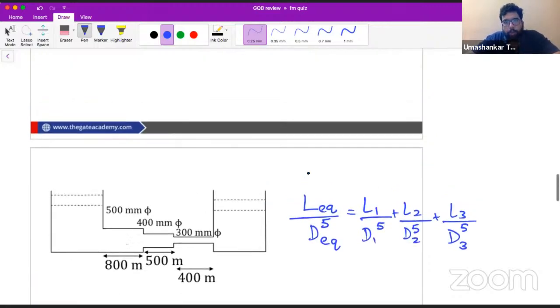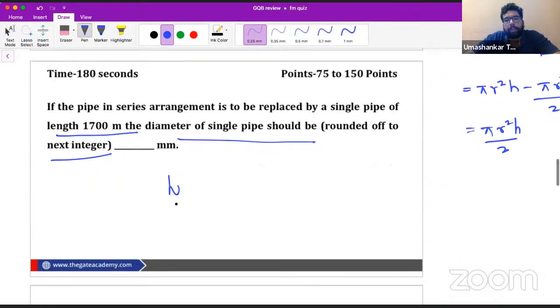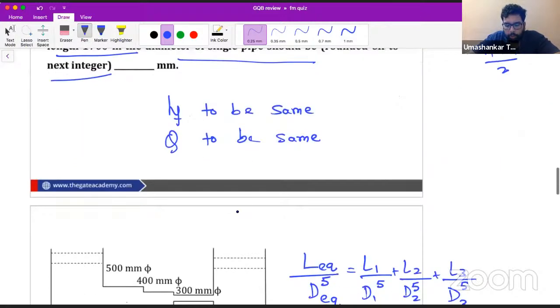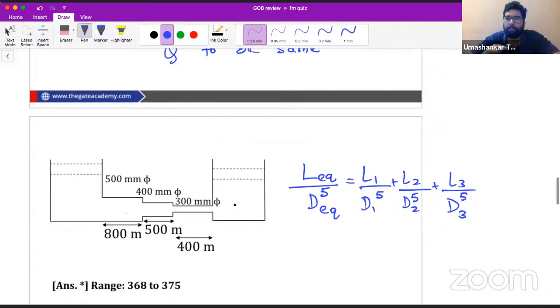Or if we don't know it, we can derive it, keeping the head loss hf the same in the equivalent pipe as well as in the pipes in series, and the discharge the same. If we deal with the basic formulas, we'll end up with this equation.